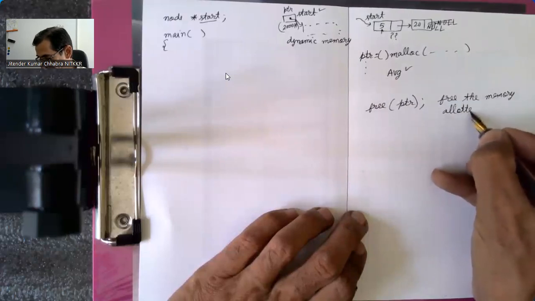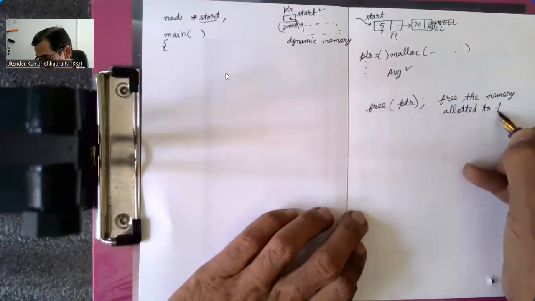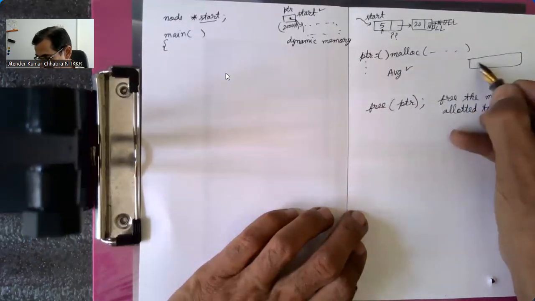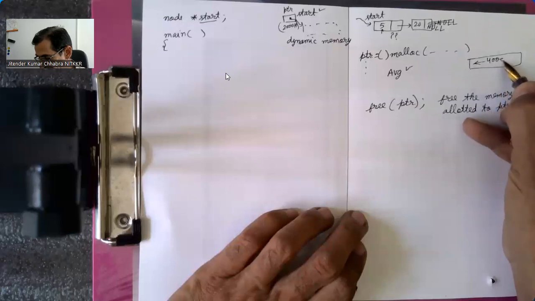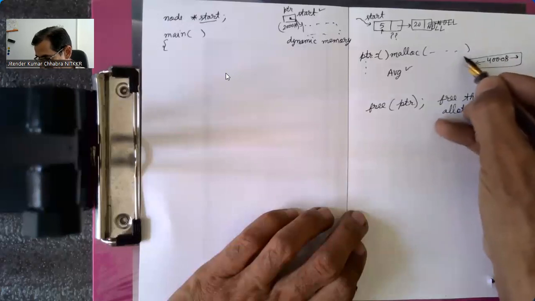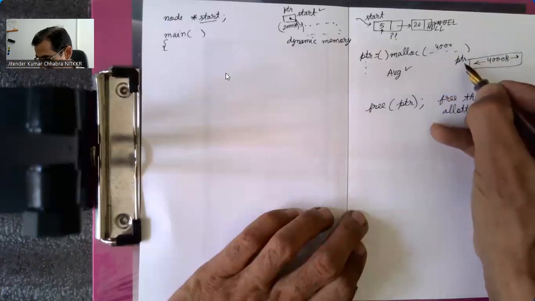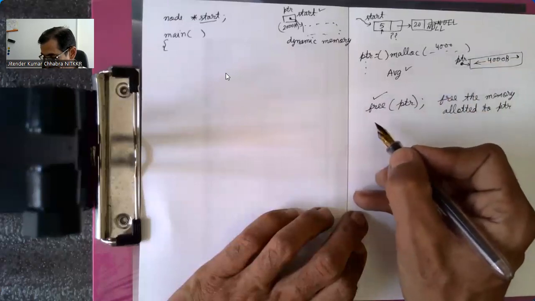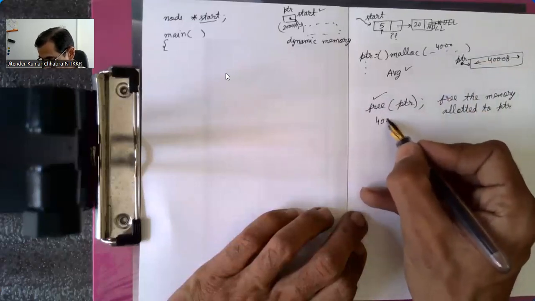Whatever size memory was allotted to PTR, the same will be freed. So if PTR was allocated, let's say 4000 bytes through malloc, PTR got this memory. As soon as you write free, these 4000 bytes are free now.